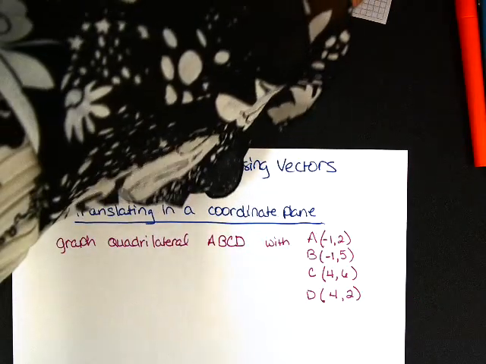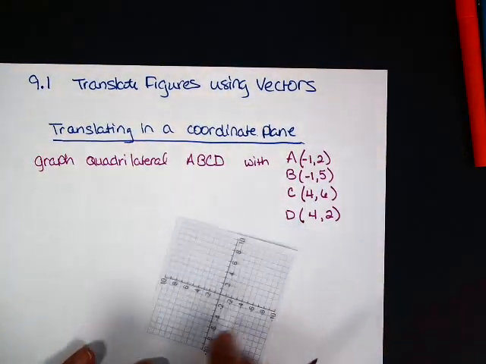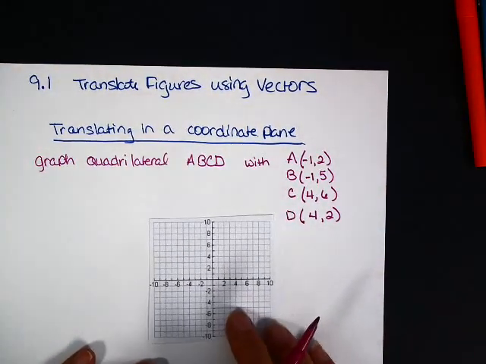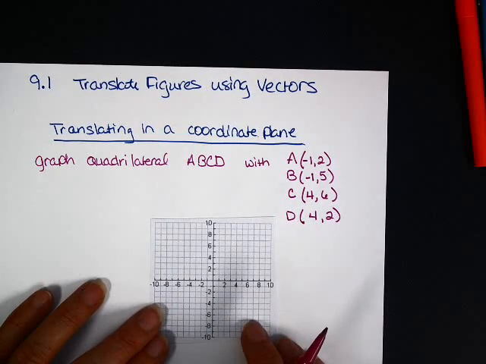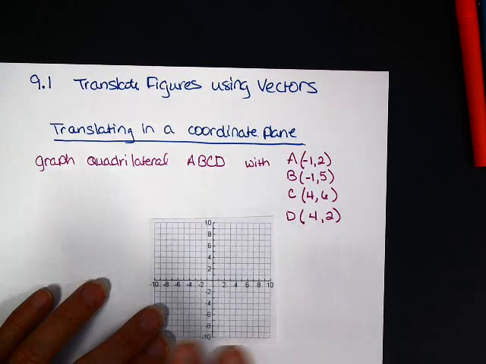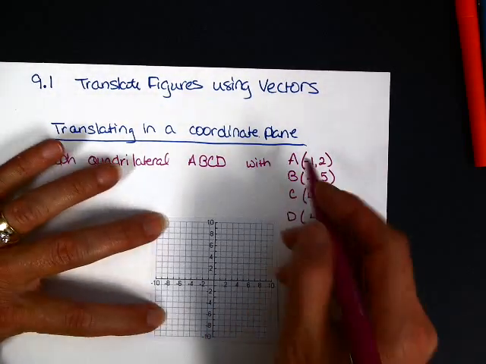Now, I've got a graph that I'm going to use just so that you can see it visually, and if you have graph paper, you can go ahead and grab some out right now and use it. But don't worry about it if you don't. It's not anything major. And I'm going to graph these points.